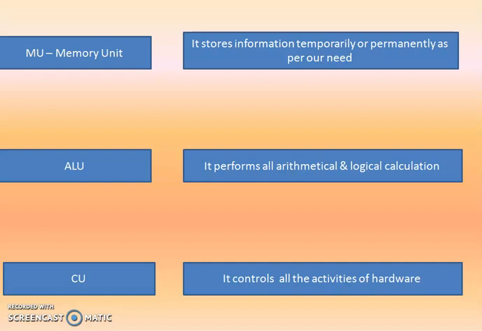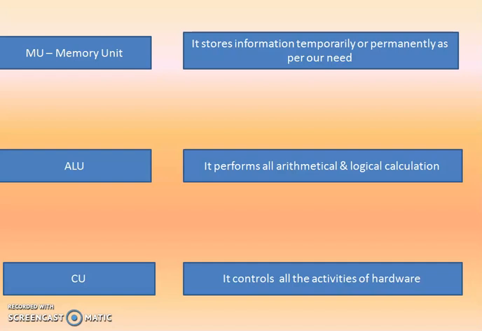In the same way, the CU does the same work. It controls all the flow of data, and the working of hardware and software. Which task has to be performed first, which should take place second, where the data is to be stored, which device will be involved in that particular task, all these things are decided by the control unit.